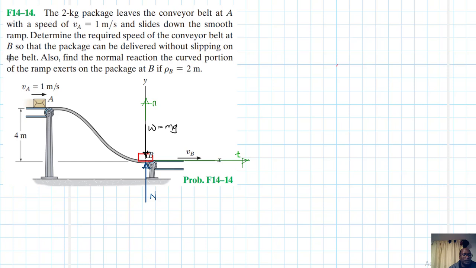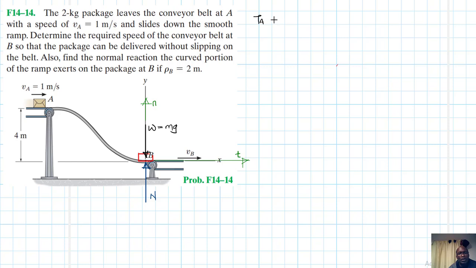Right, so here we are going to use the conservation of mechanical energy, since this particular box is being acted upon by conservative forces. We only have the gravitational force there.